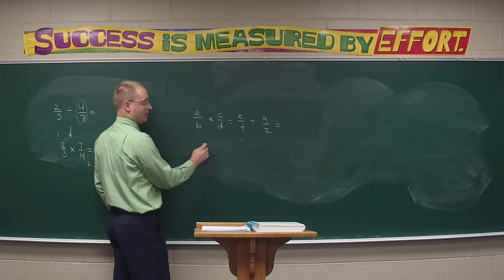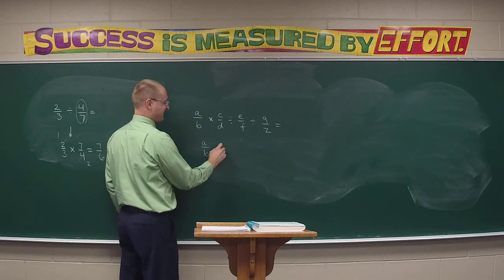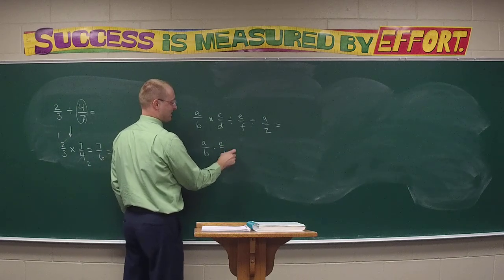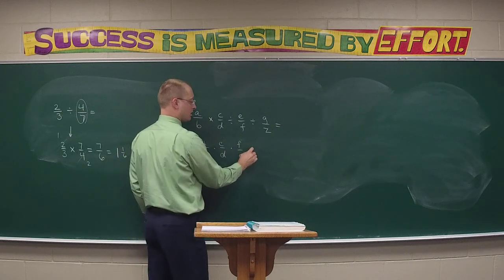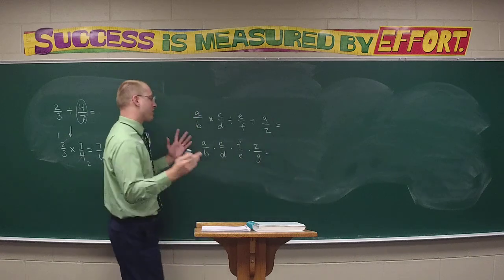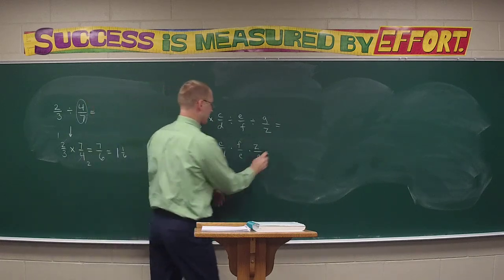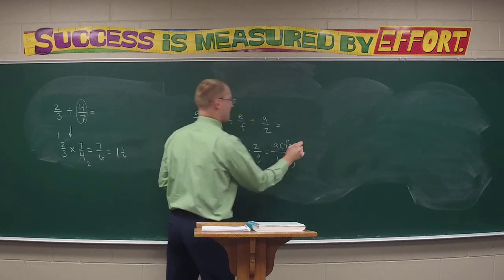You would write A over B times C over D times F over E times Z over G. There we go. And since nothing cancels, we just multiply straight across and we get ACFZ over BDEG, and there would be our answer, right?